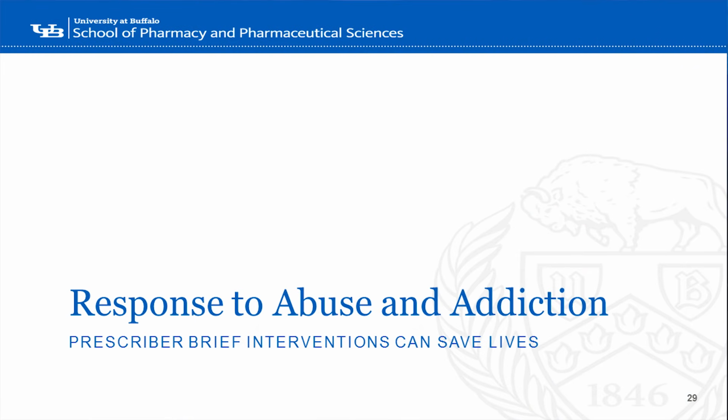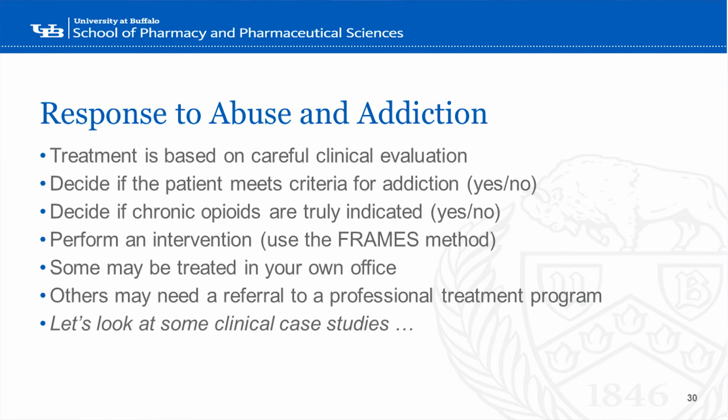What does a clinician do if he or she suspects drug abuse or addiction? It's very important to intervene early in these situations because brief interventions by the prescriber early in the course can save lives. What can be done in response to abuse and addiction? The treatment is based on a careful clinical evaluation.